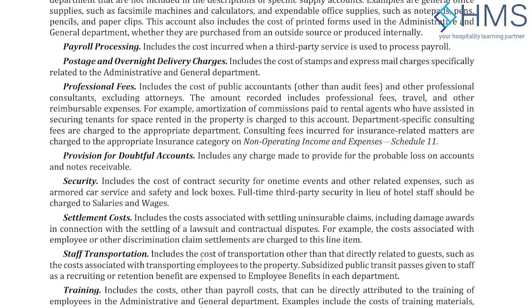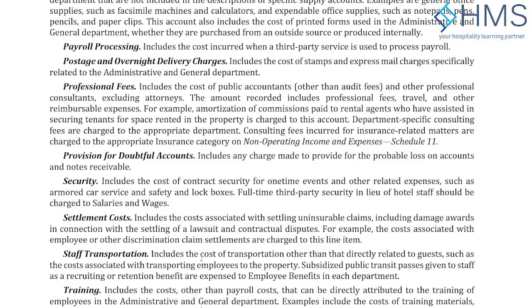But any equipment rental you are hiring on a short-term basis will go into the security expense as a one-time expense. Then you have settlement expenses, which is settlement coming from uninsurable claims. We looked at the loss and damages which were under insurance. If you are paying any guest settlements but they are not insured for any reason, then the cost will go into the settlement cost. It can be the employees as well or the guest.